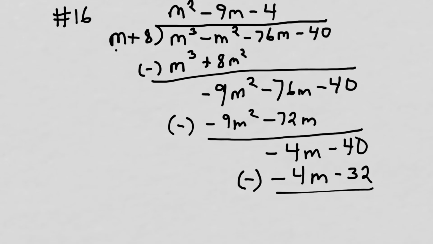I end up with negative 8 as my remainder. And the answer is m squared minus 9m minus 4, with the negative 8. Oops, forgot that. Negative 8 as my remainder.